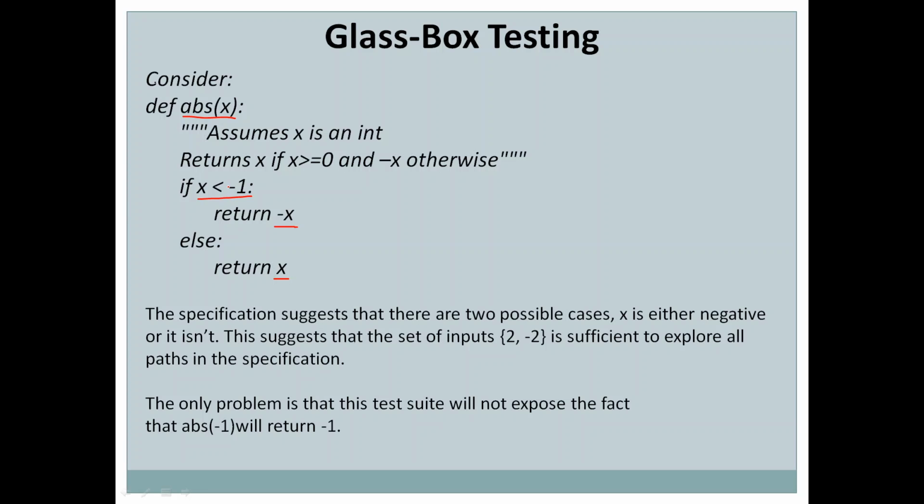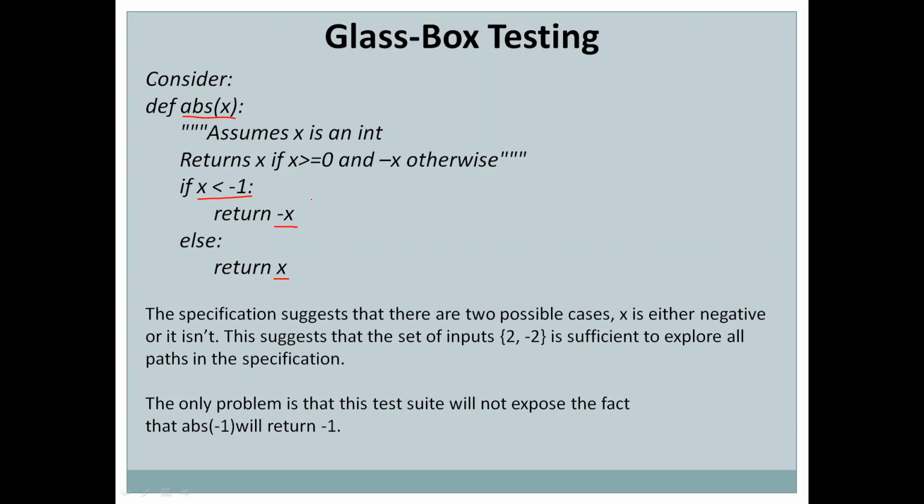There are two different paths. When x is less than minus 1, it will execute return minus x and the function ends. And when x is greater than minus 1, it will go to the else part and it will return x and it exits. So there are two different paths in this function.